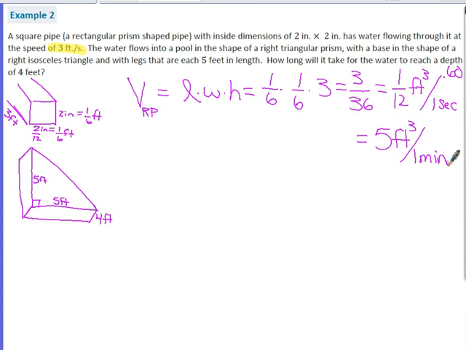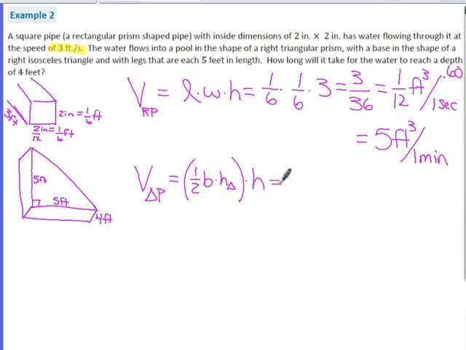All right, from there, we know how much is flowing into the pool now, but we want to know how much volume is in this pool. So let's go ahead and calculate our volume for the pool. Triangular prism. Now a triangular prism has a base of a triangle, so we would use 1/2 base times height, and that's the height of the triangle, multiplied by the height or the depth of our pool.